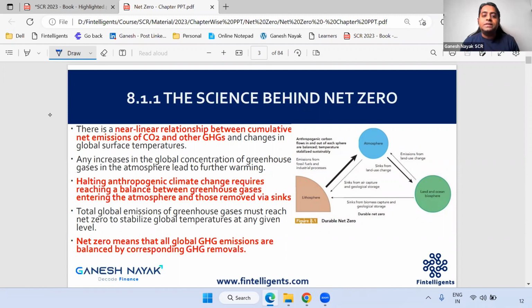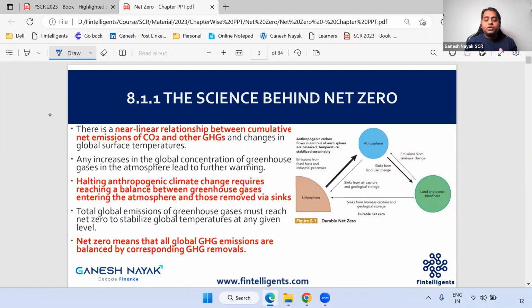The net effect should be zero. That is why the concept of net zero comes into the picture. A lot of these global standards and global initiatives are now moving towards net zero, that our country will become net zero by 2040, 2060, like that. India also has a net zero target by 2070.